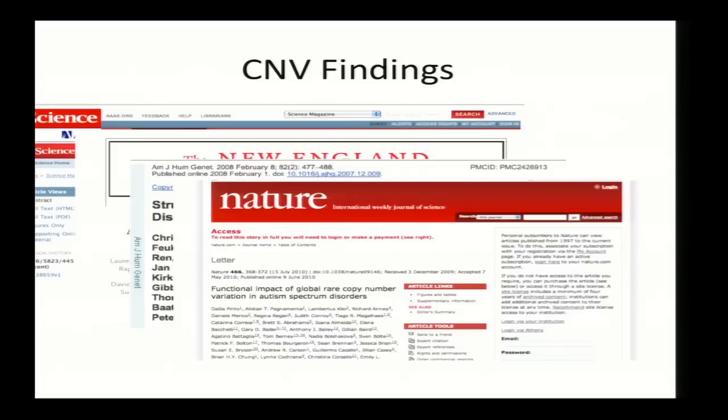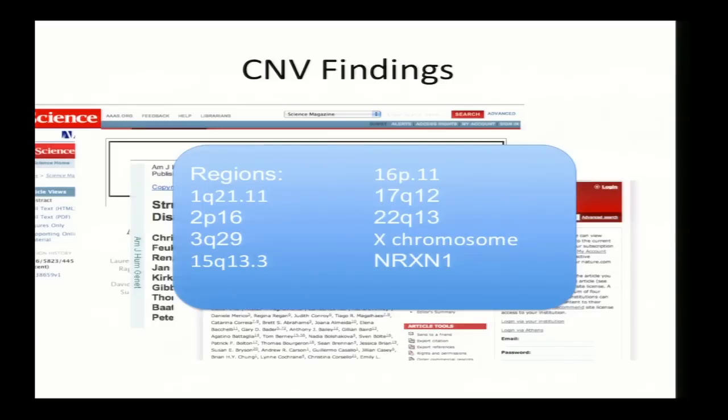These observations were really quickly replicated, and within a few years, as sample size increased in the field, it became recognized that there were several loci like this, at which there were recurring deletions and duplications in patients.